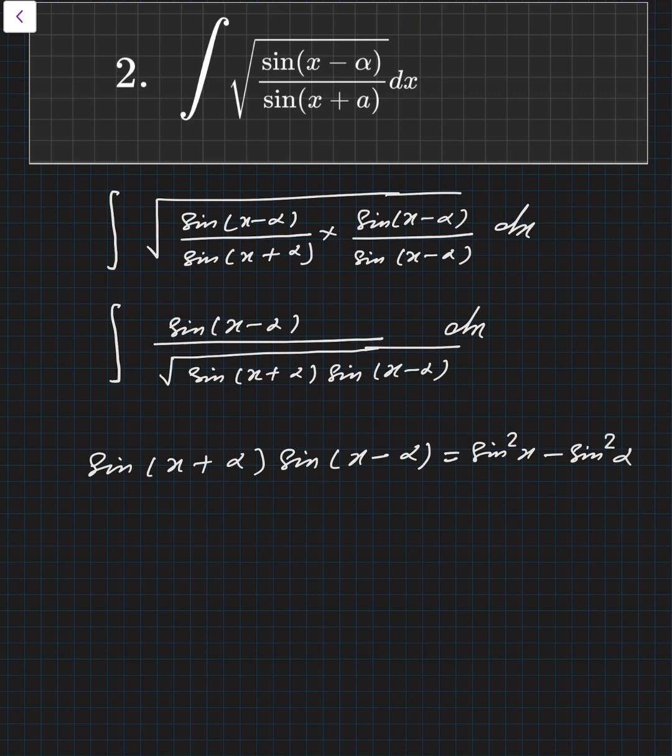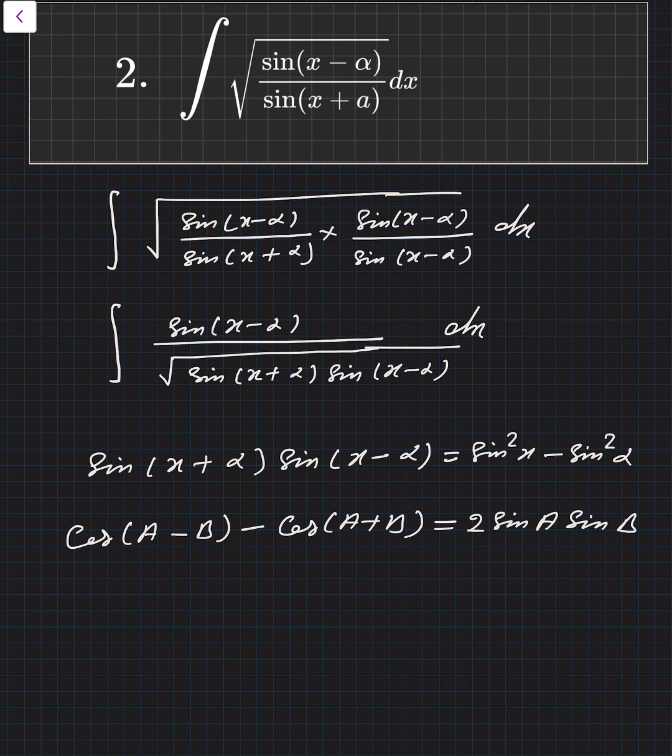Okay, if any doubt why that value is written, so simply you know that cos of a minus b minus cos of a plus b is written as 2 sin a into sin b.